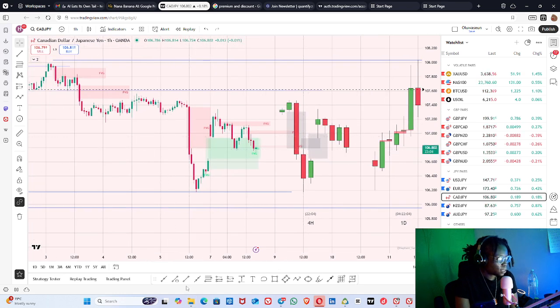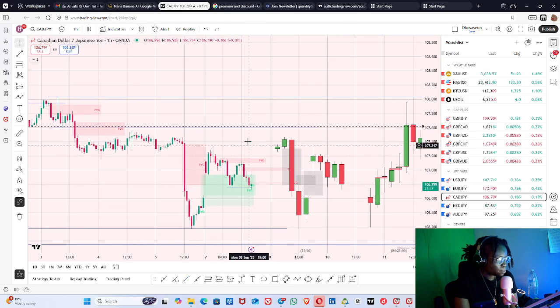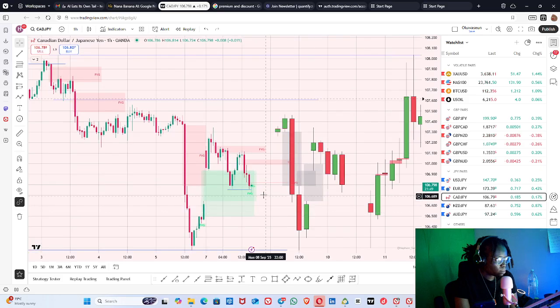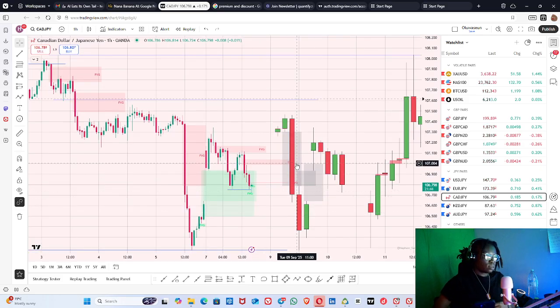There is a buy here, like a sip of liquidity inside this zone. A buy to the upside, probably to tap into this zone. This will make sense if that happens. I can just take a buy. CAD JPY.